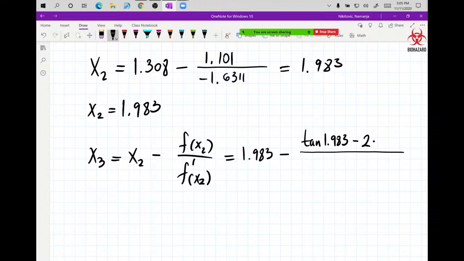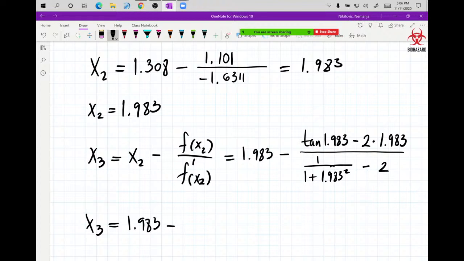So there you have it. And then we have 1 over 1 plus 1.983 squared minus 2. So what's our x3? It is 1.983 minus, the top is tangent 1.983 minus 2 times 1.983.